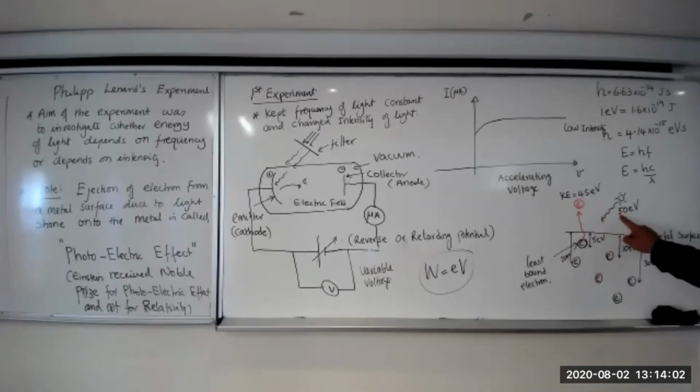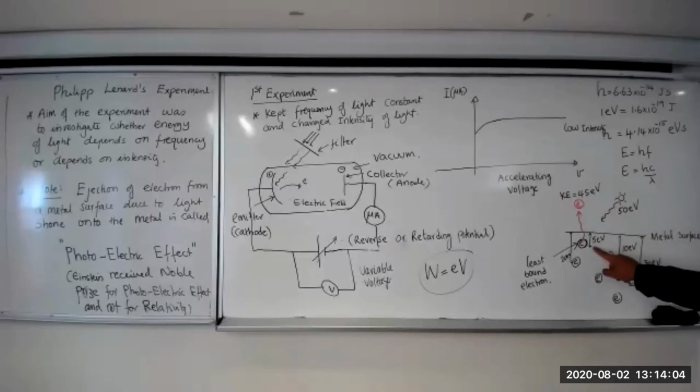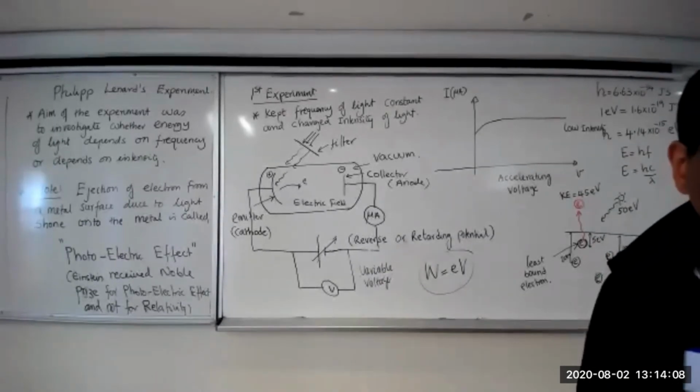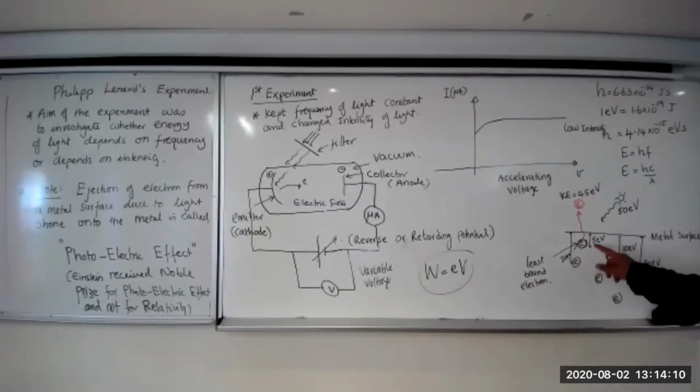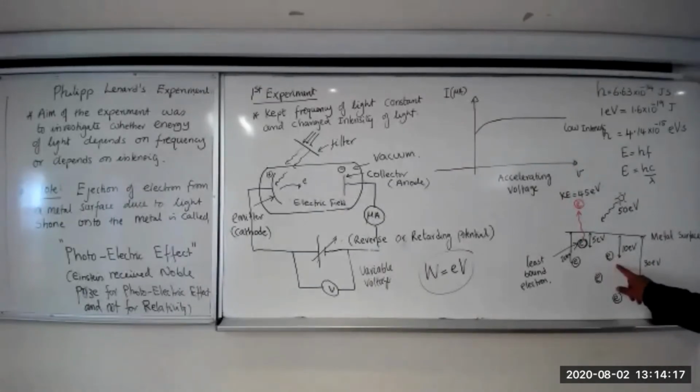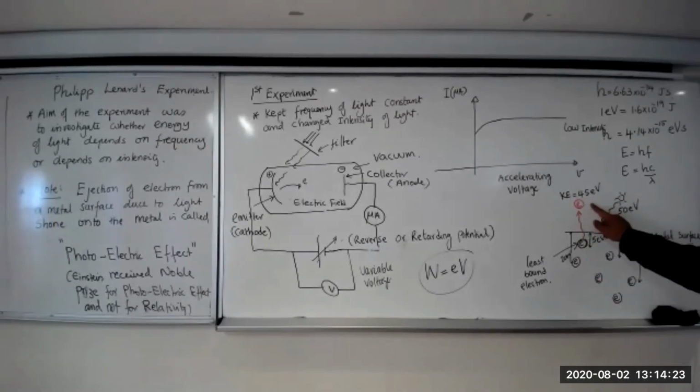If I give 50, we have to spend 5. We're losing that 5 and it comes out. And the other ones, when they're coming out, they have only 40. This guy has only 20. This guy 30. This least bound electron will have the highest kinetic energy.